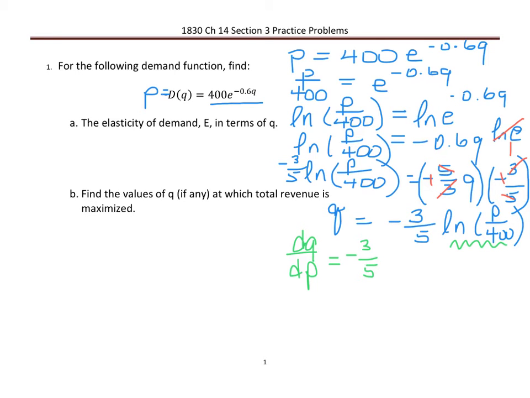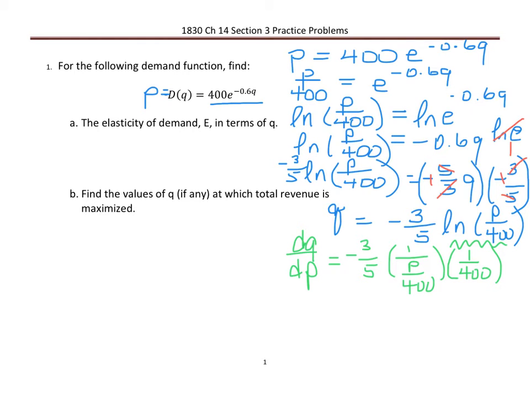The derivative of the natural logarithm of anything is 1 divided by whatever that is, times the derivative of p over 400, and the derivative of p over 400 is 1 over 400. Because p over 400 is the same thing as 1 over 400 times p. And when you take its derivative, all you have left is its coefficient.